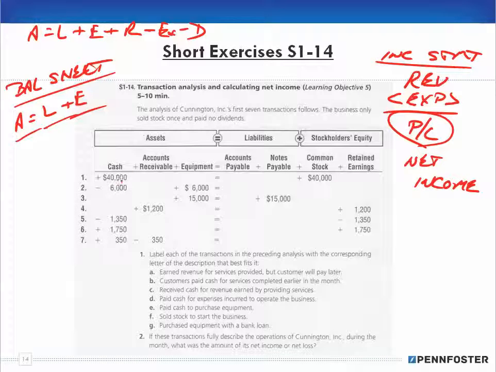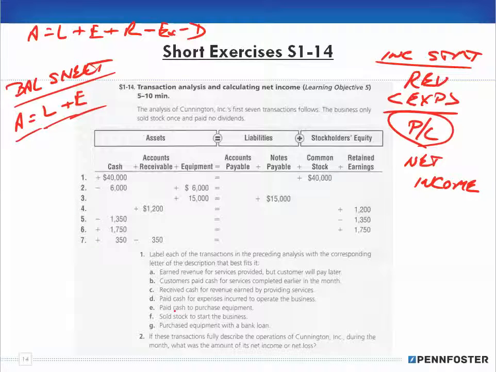All right, for number 1, I have an increase in cash, 40,000 in cash, so I've increased my cash, and I have an increase in my common stock. Well, when I look down here, this is earned revenue, so that's not it. Customer paid cash. Well, we're not paying cash, we're getting cash. Right, so we received cash for revenue. Well, we're not dealing with revenue, we're dealing with common stock.